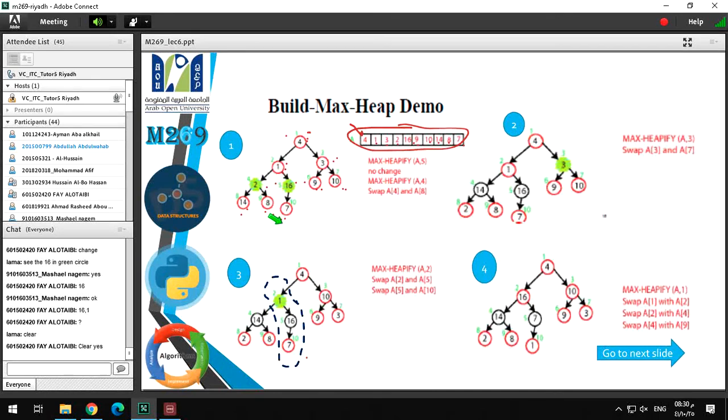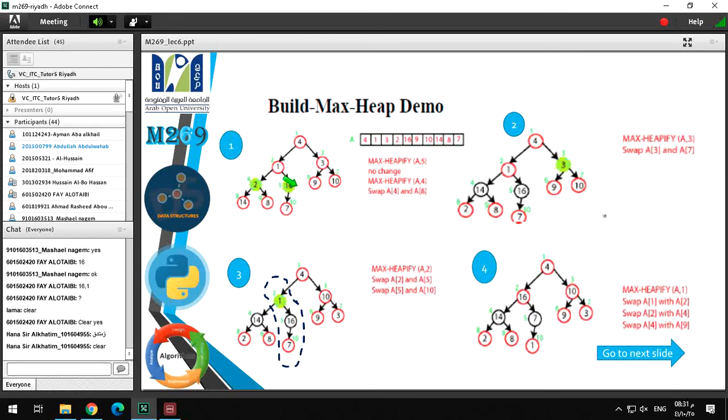Second step is to max-heapify, because we need to fix the errors. What error do we have here? We have 4, which is bigger than 1 and 3, correct. 1 is smaller than 2 and smaller than 16.